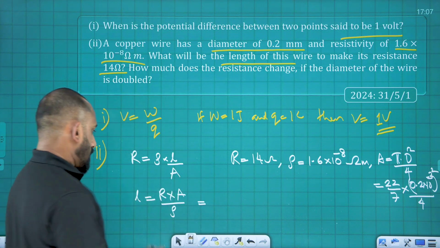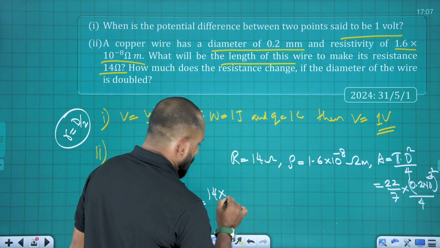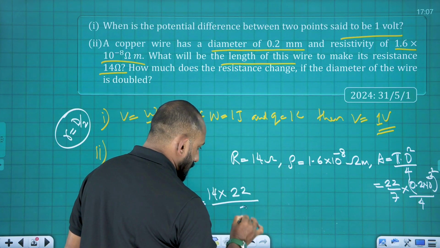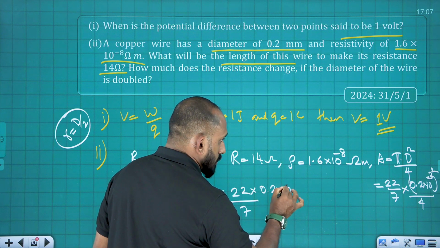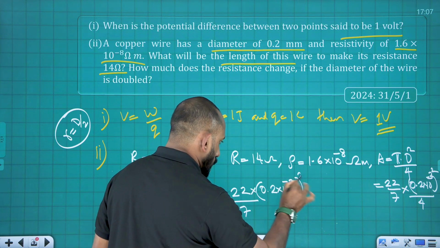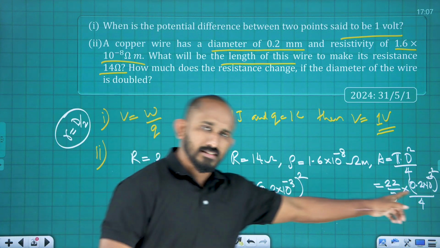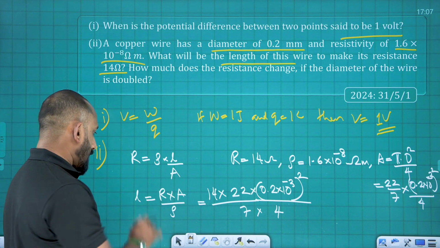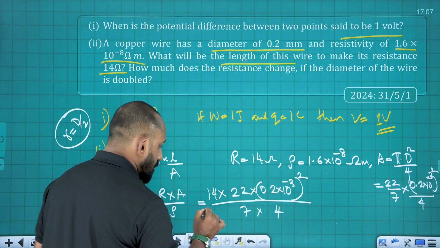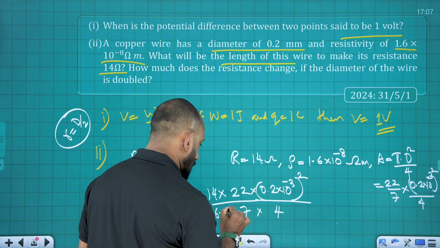If we substitute here, L is 14 into A, which is 22 divided by 7 into 0.2 into 10 raised to minus 3 the whole square divided by 4. I am keeping this as it is, not multiplying separately, so it's easy for you. Then divide by rho, which is 1.6 into 10 to the power of minus 8.